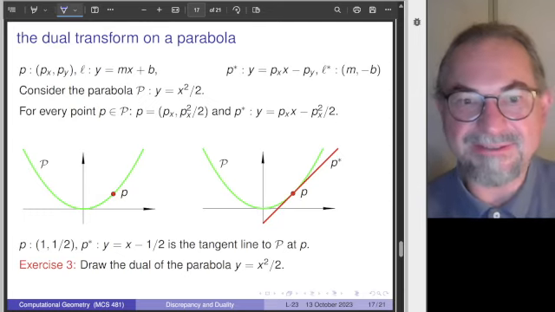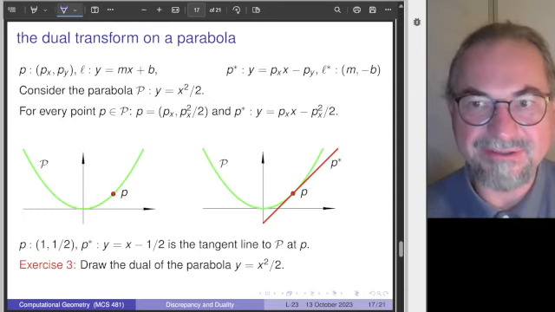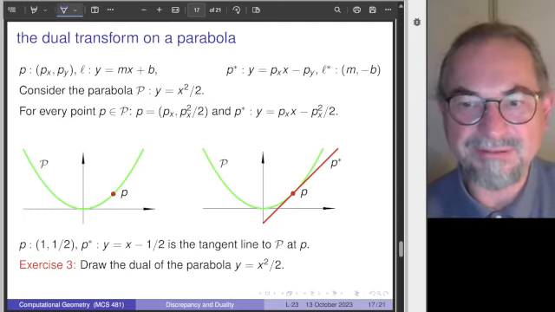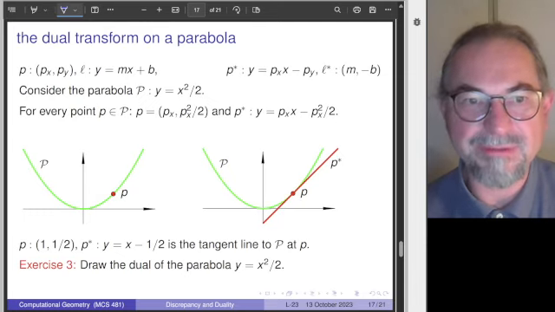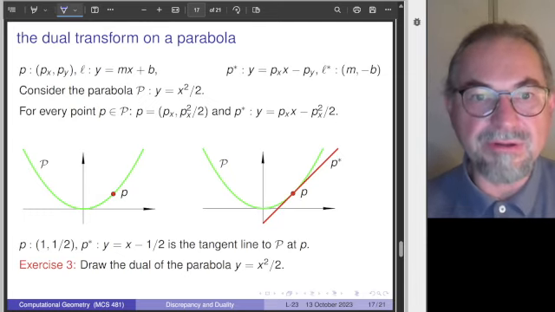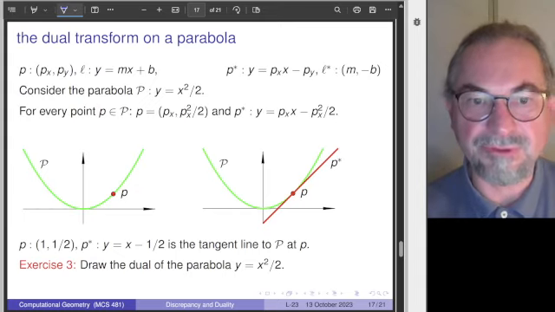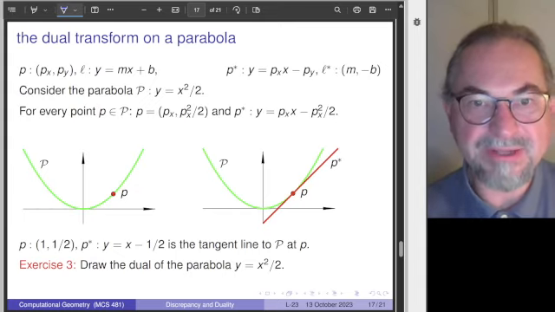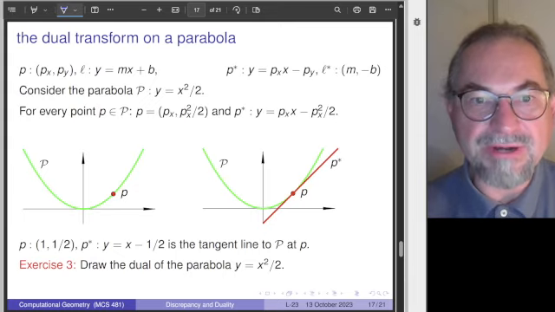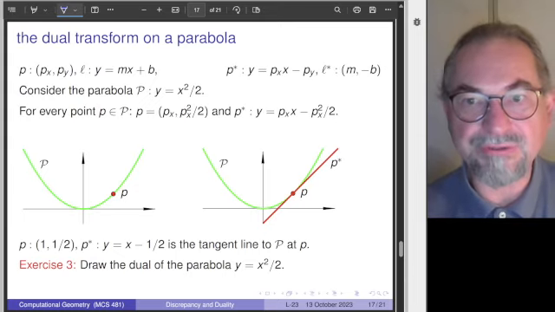This is the exercise, but the slide will get you started to think about this problem. You look at a point on the parabola. The parabola is here a very simple one, x squared divided by 2. If you have a point, you have a line, the dual of a point.